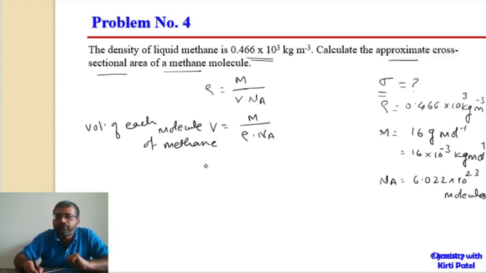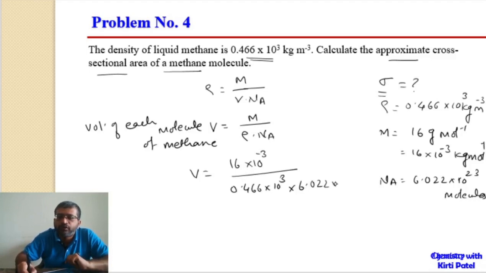If we substitute here, we get V equals 16 into 10 raised to minus 3 upon 0.466 into 10 raised to 3 into 6.022 into 10 raised to 23.